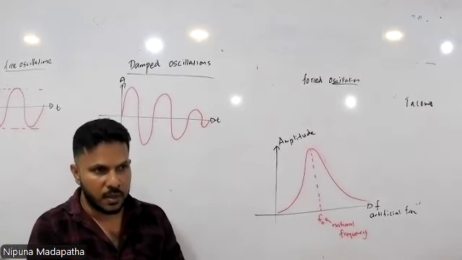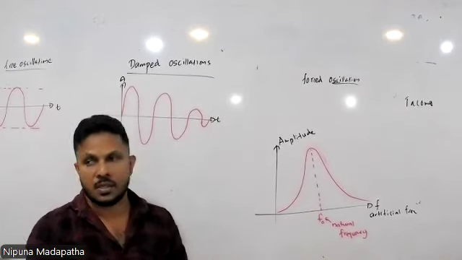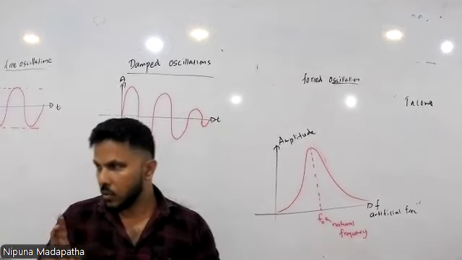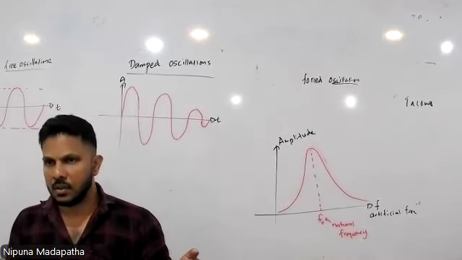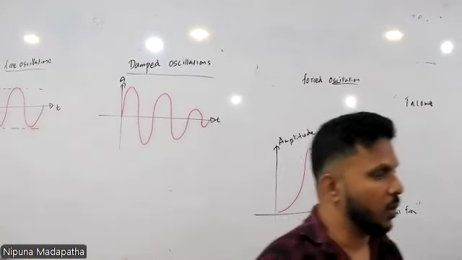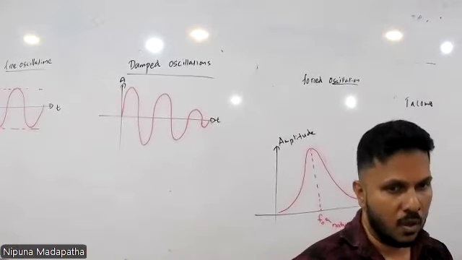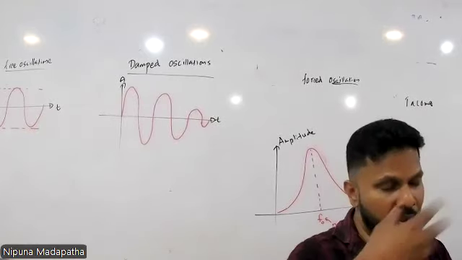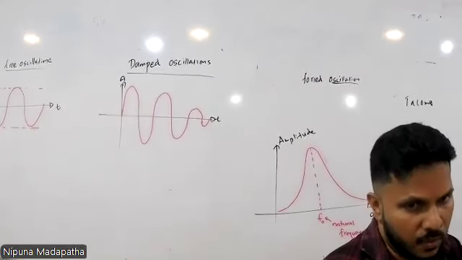First overtone is 200, fundamental is 100, so it is the second harmonic. The first overtone is the second harmonic of the fundamental. That is known as harmonic.